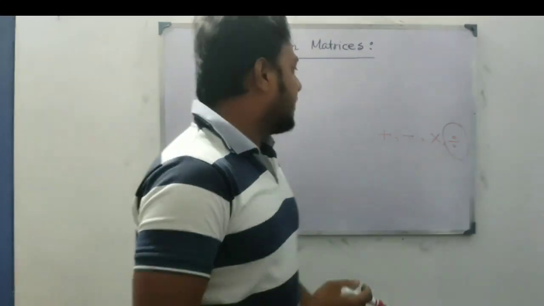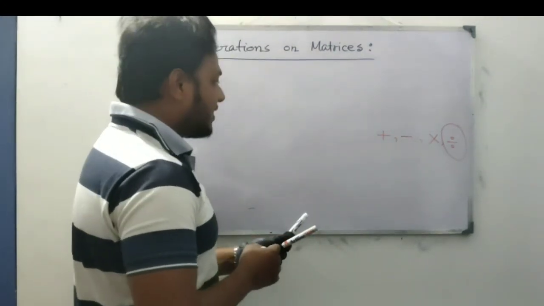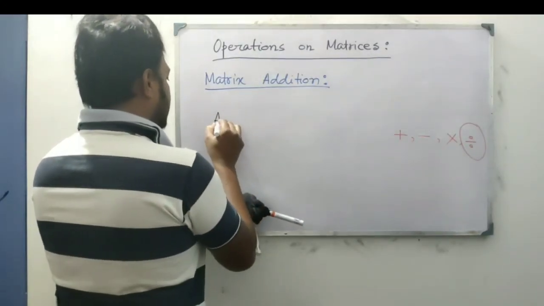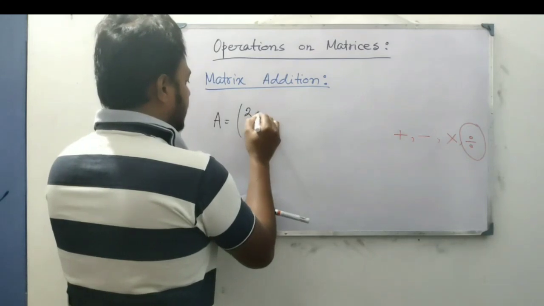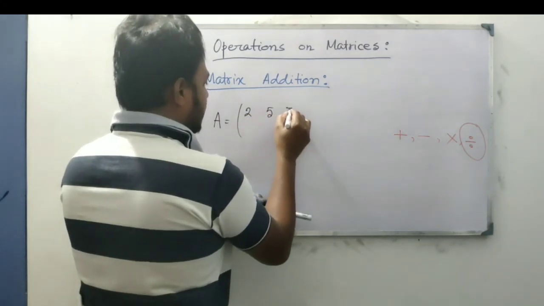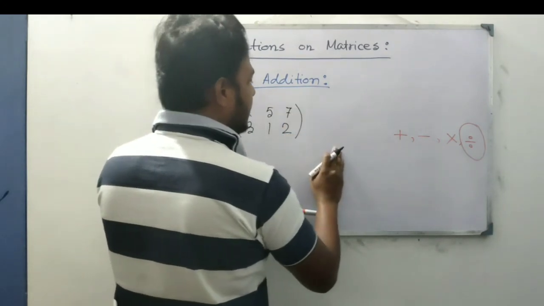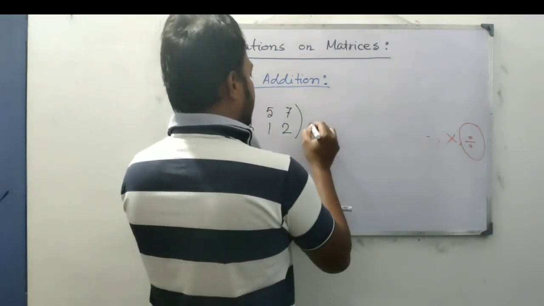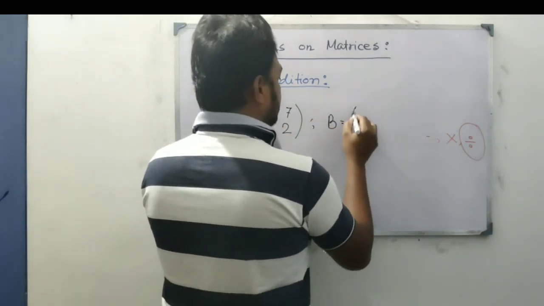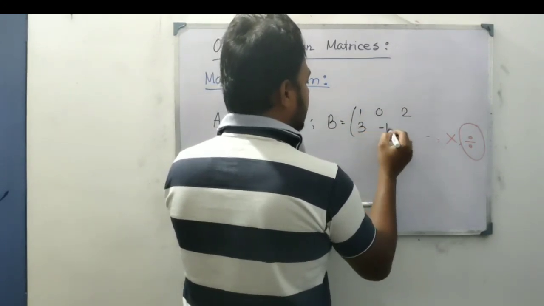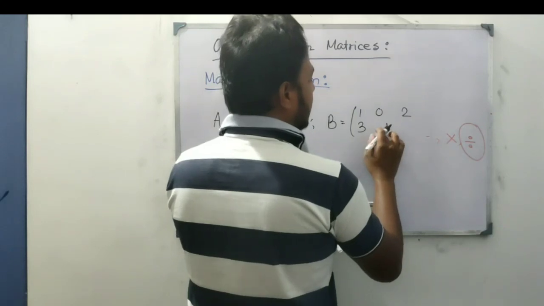So let me consider that I am discussing matrix addition. Let A equal 2, 5, 7, 3, 1, 2. Suppose this is one matrix and another matrix B equals 1, 0, 2, 3, minus 1, 3, 1, 5.